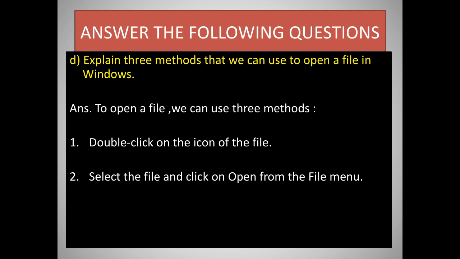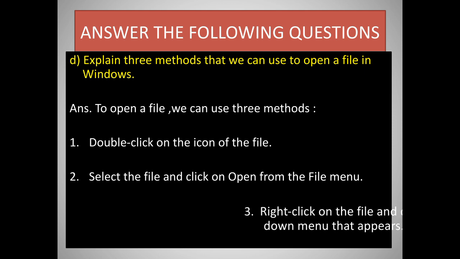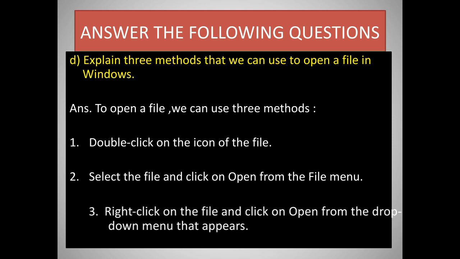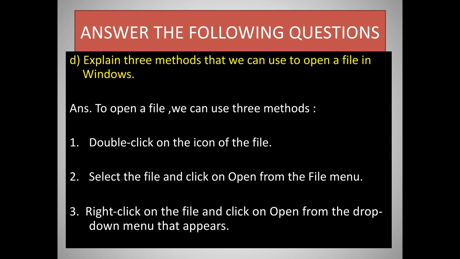You have to select the file and from the file menu you have to click on open. The third method is right click on the file and click on open from the drop down menu that appears.